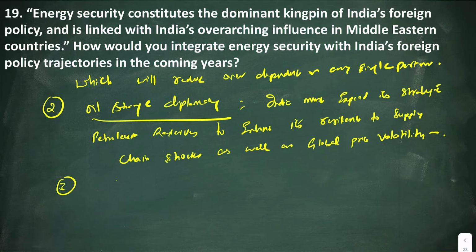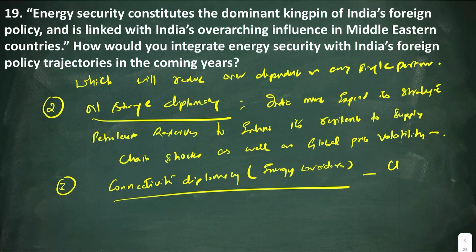All right, let us go to the third dimension or the third point. Look at this keyword, connectivity diplomacy. Or another keyword for this is energy corridors. Okay, so elaborate here. Chabahar port provides open access to Central Asian energy markets.